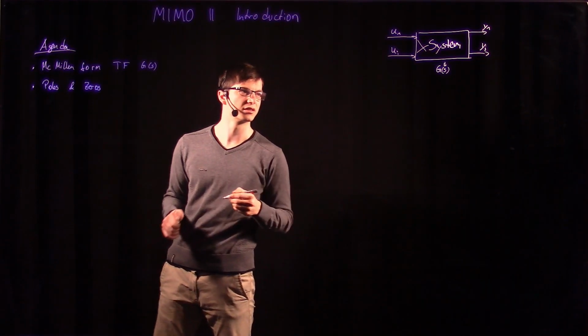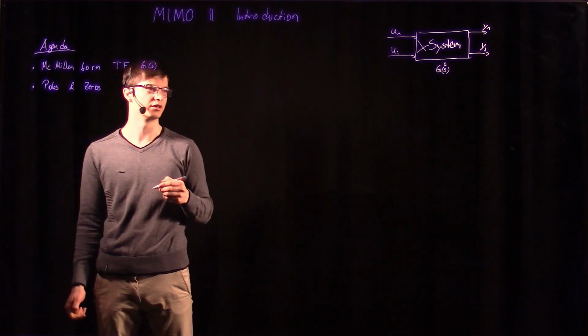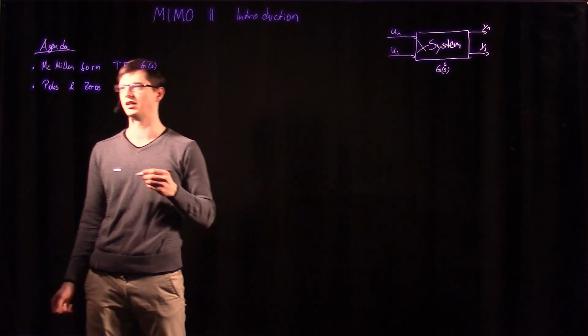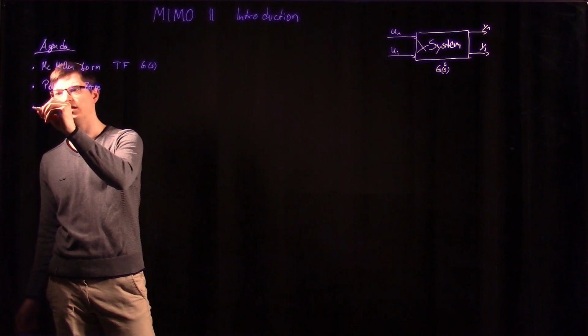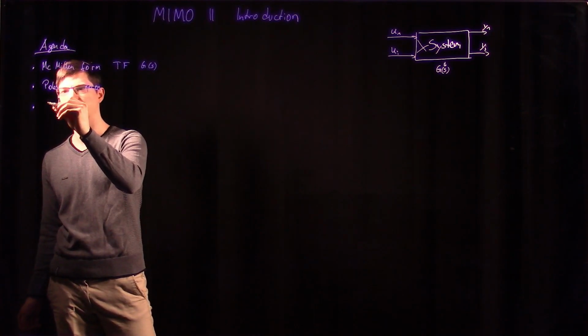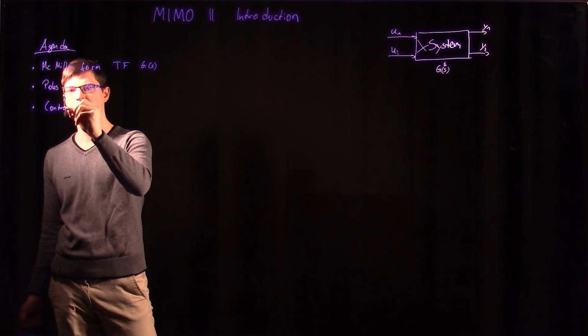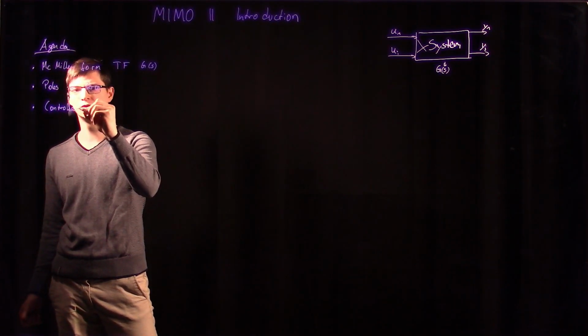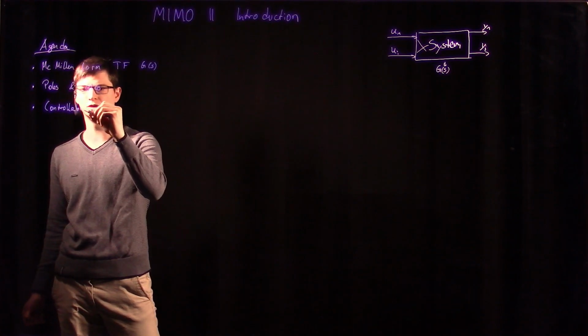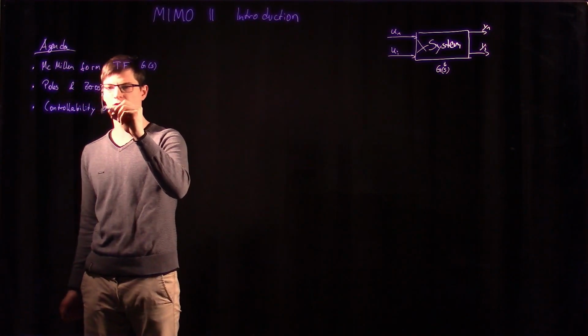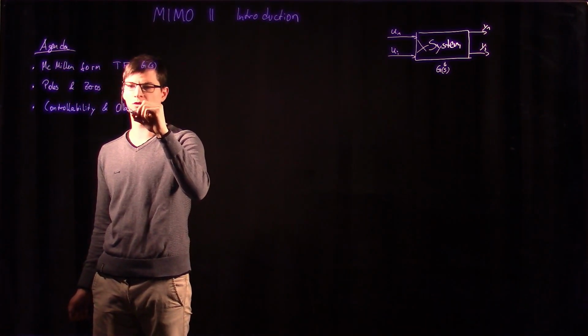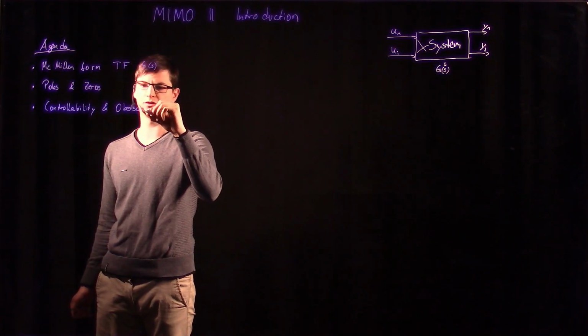The next part is the state controllability and state observability. So when is such a system controllable? And observable.